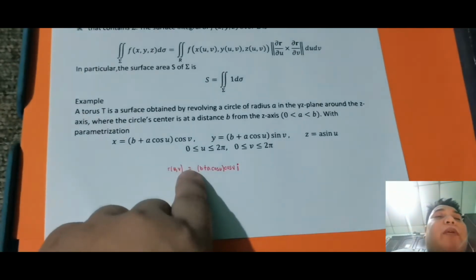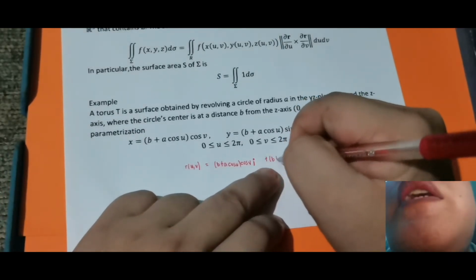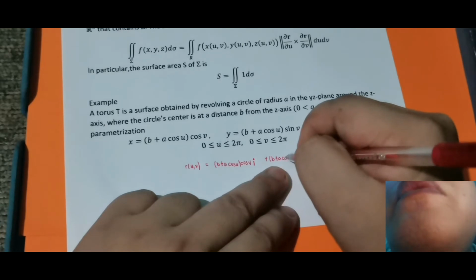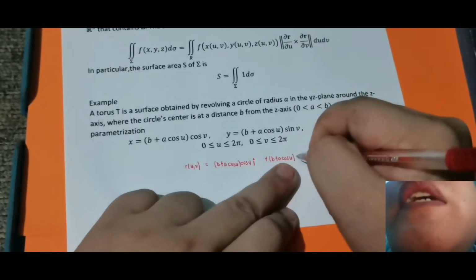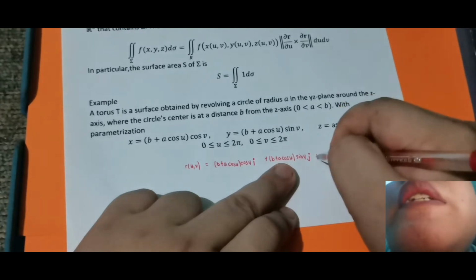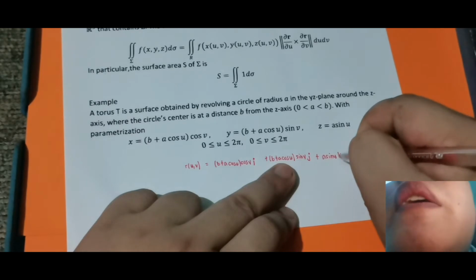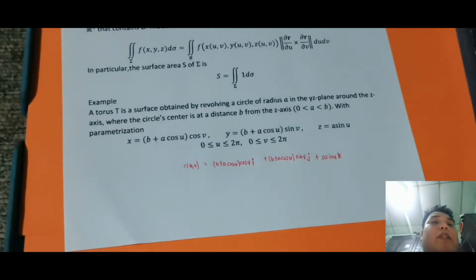Ito yung x of u, b. Plus b plus a cosine u tapos sine b, tapos j. Then plus a sine u multiplied by k. Ayan yung ating position vector.